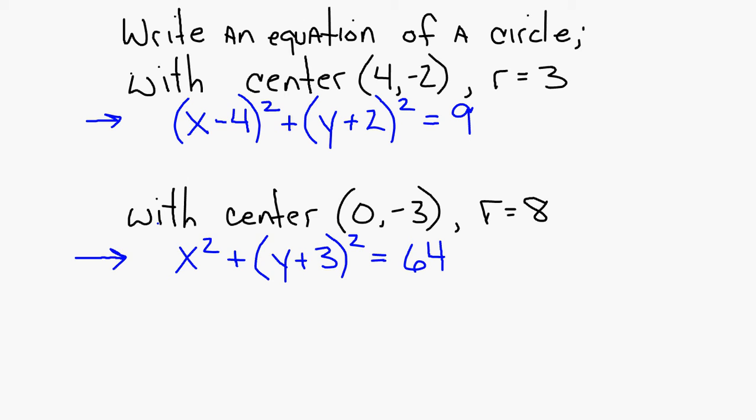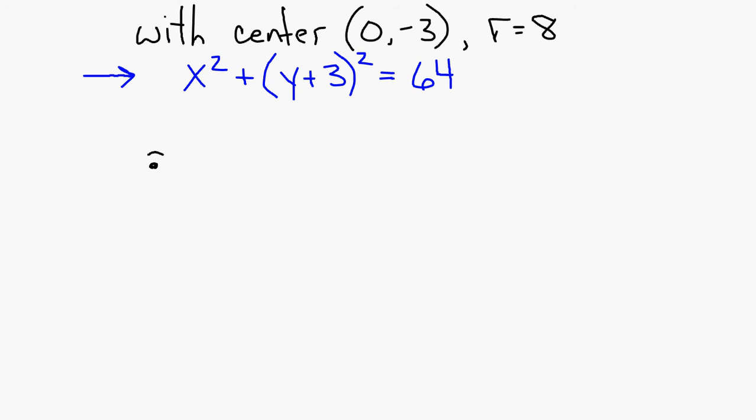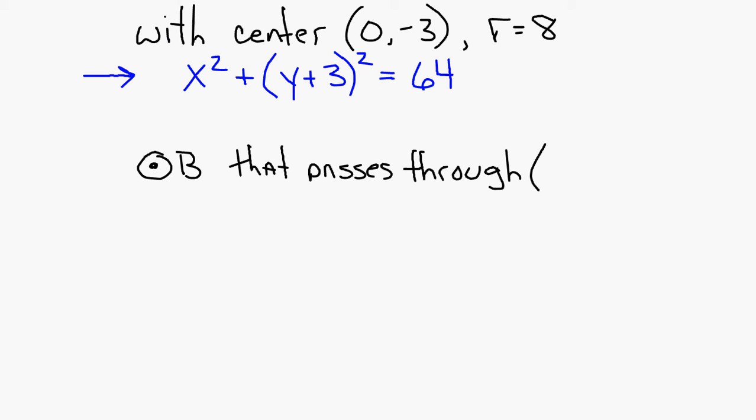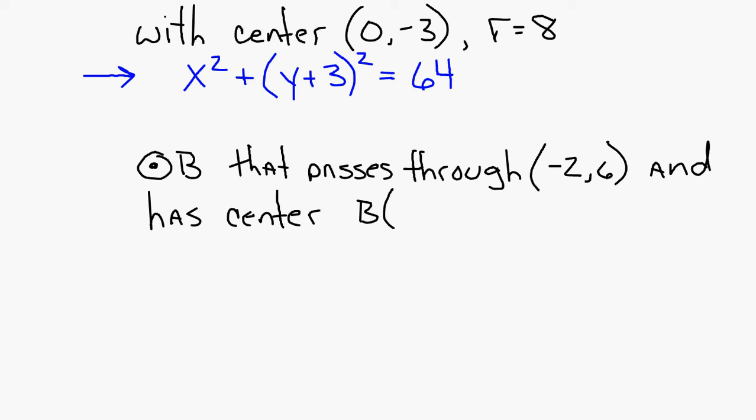All right, so look at example 1b. They're asking you to write an equation again, but they are giving you, let's see, write an equation of circle B that passes through (-2, 6) and has center B (-6, 3).